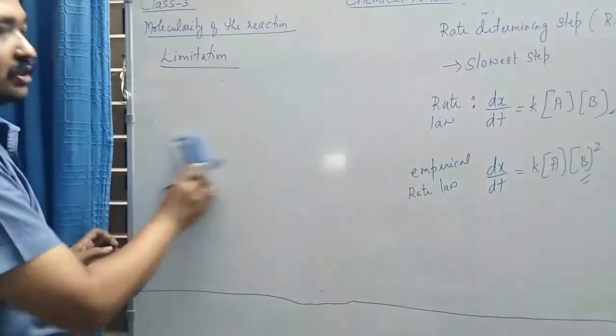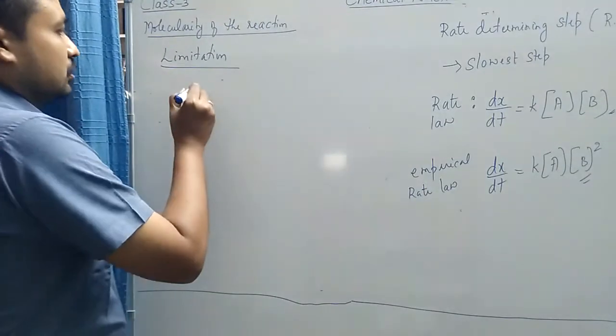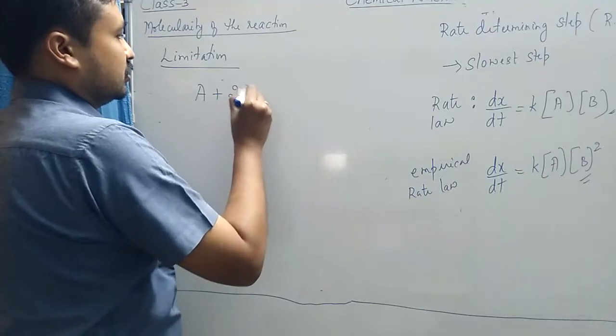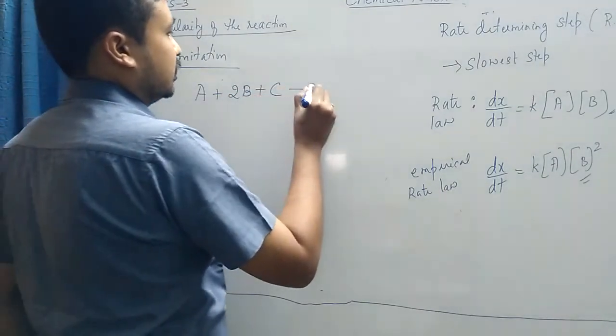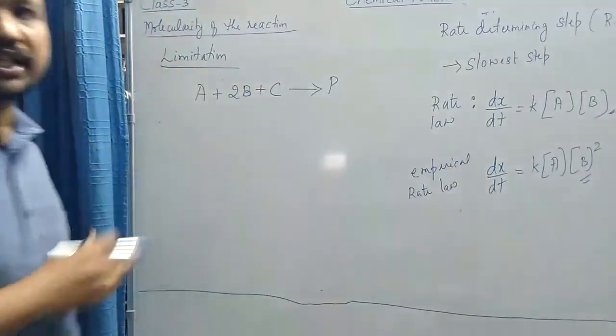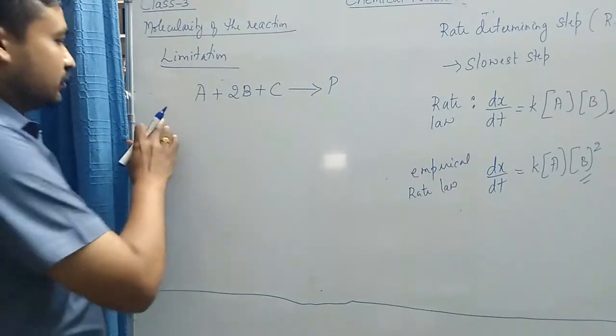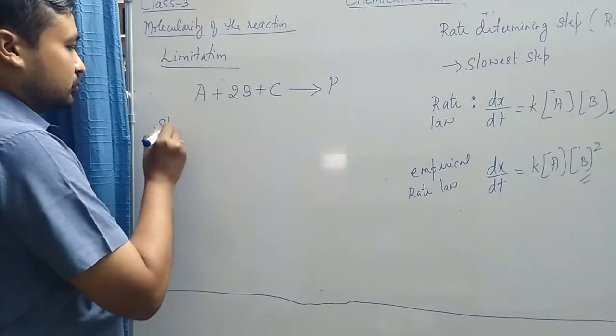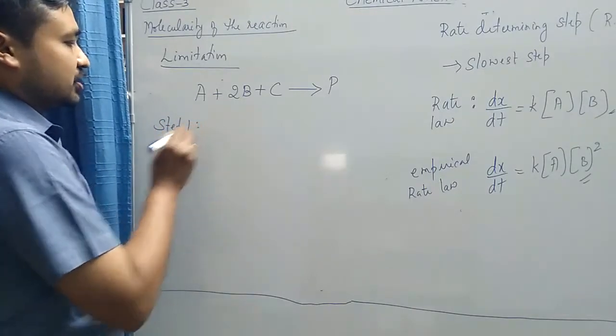I'll give you one more example. A plus 2B plus C giving product. You have some reaction, and let us assume that we know the mechanism of this reaction. This also takes place in several steps.